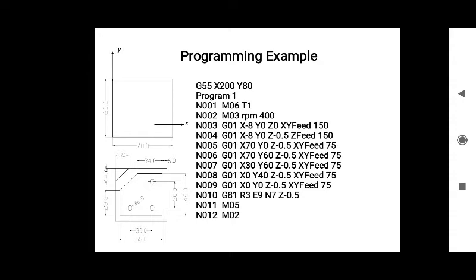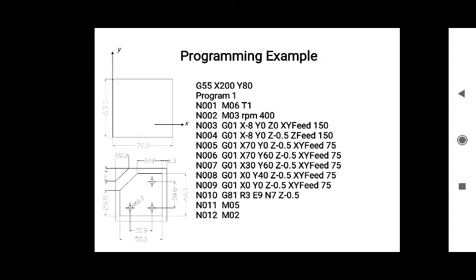In the second block N002, M03 is there. M03 means spindle rotation. So the spindle is going to rotate clockwise at 400 rpm. This is the meaning of this block. So first of all we have changed our milling cutter, and we have given the instruction that it should rotate clockwise at 400 rpm.